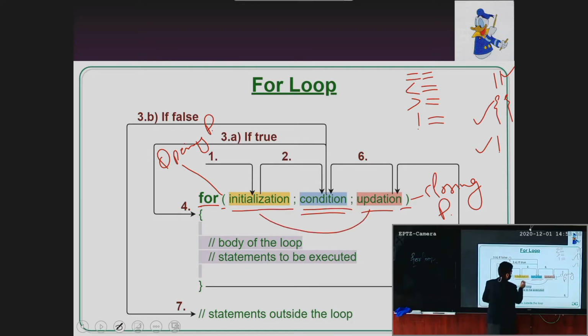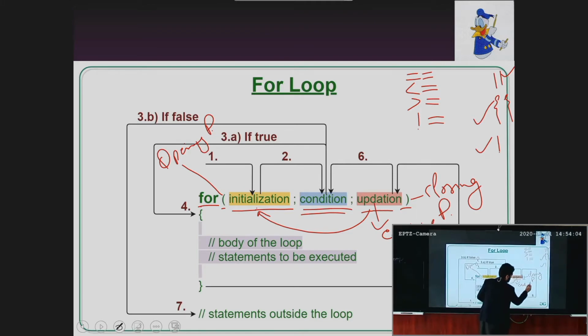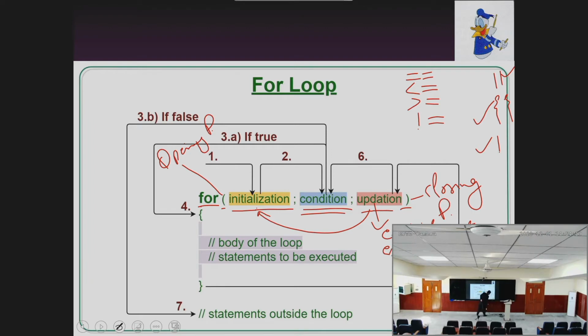okay, this one. So this initialized variable should be updated in each iteration, except the first iteration.